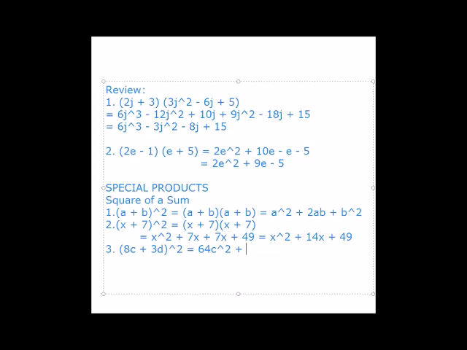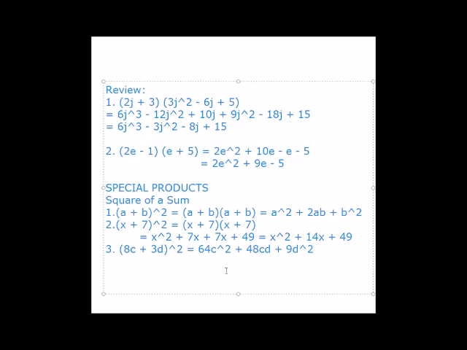Don't forget to multiply by 2, so 48cd. Followed by squaring the second term, 9d squared. So 64c squared plus 48cd plus 9d squared. Jude, can you check our answer?